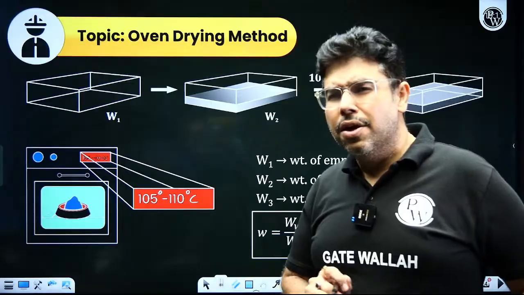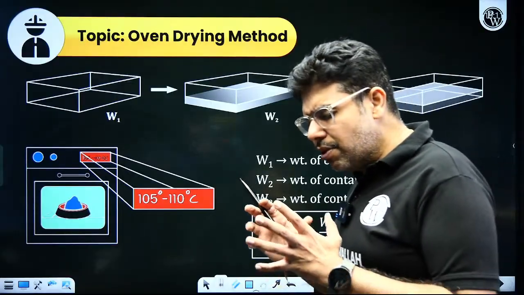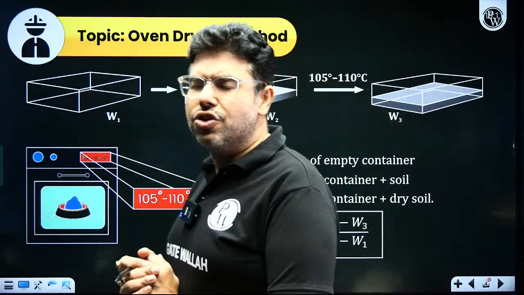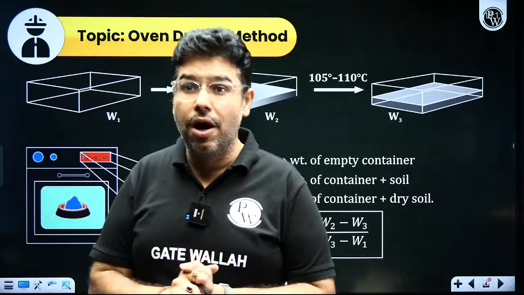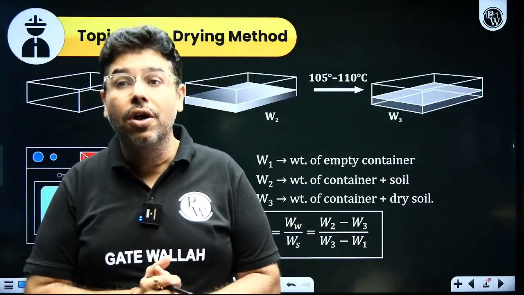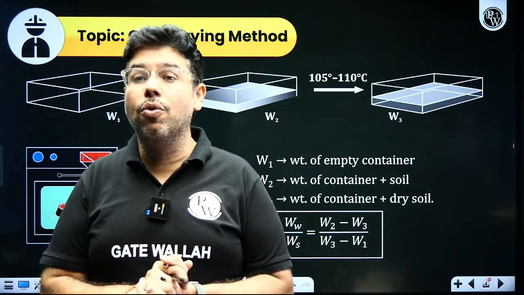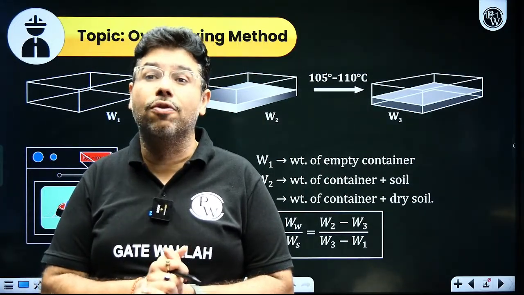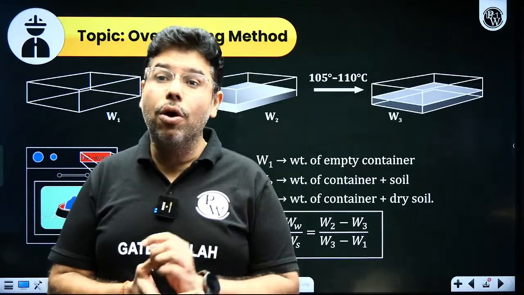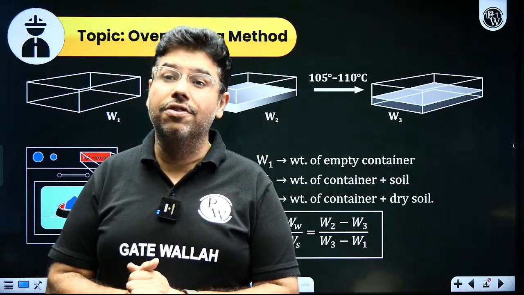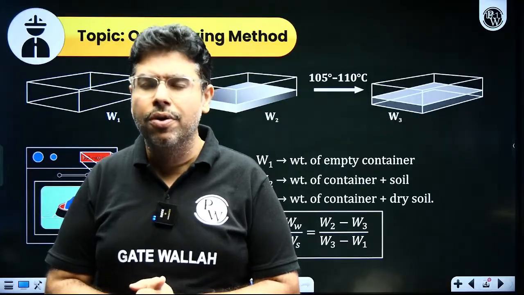Why? See, the soil as well as water share a very good bond, and the bond is so strong that water starts participating in the molecular structure or crystalline structure of soil, and that water is known as water of crystallization or the structural water.